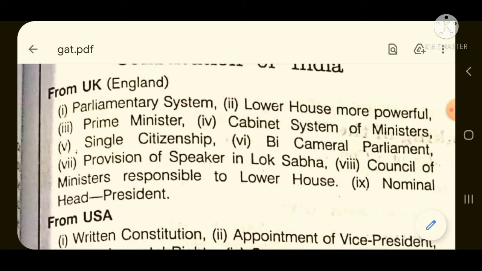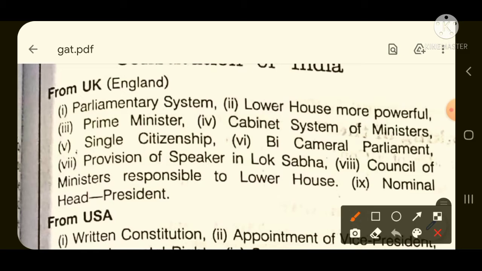Similarly, the lower house of Indian parliament is Lok Sabha. So in our Indian constitution, Lok Sabha is given more power compared to Rajya Sabha. That is why the Prime Minister of India has to get a maximum majority in Lok Sabha to become Prime Minister, who is the head of the government.